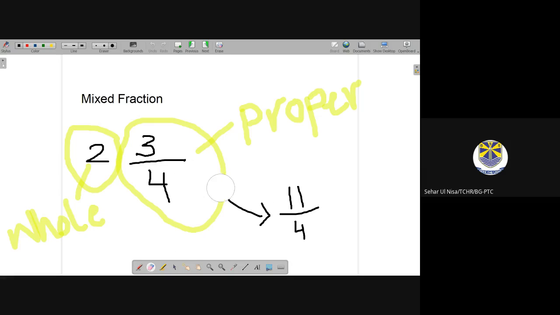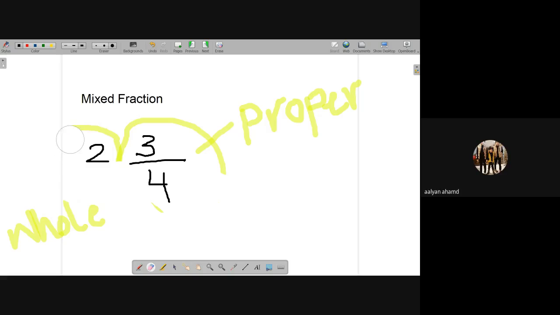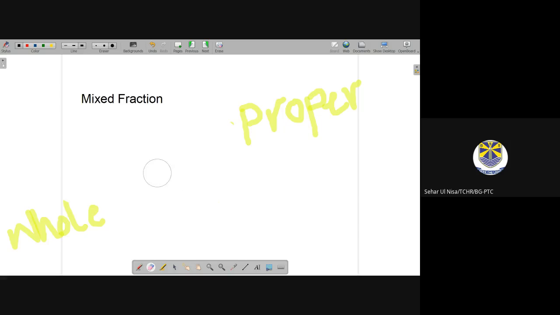Okay, I can give you another example. It is 3 and 4 by 6. If there is a whole number before the fraction, that means that fraction is called a mixed fraction.